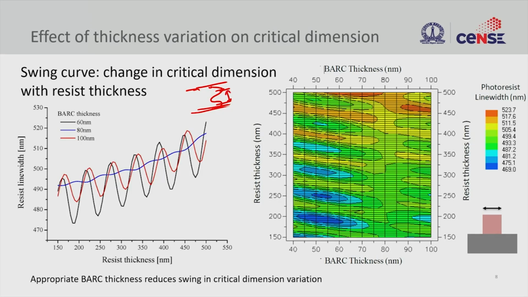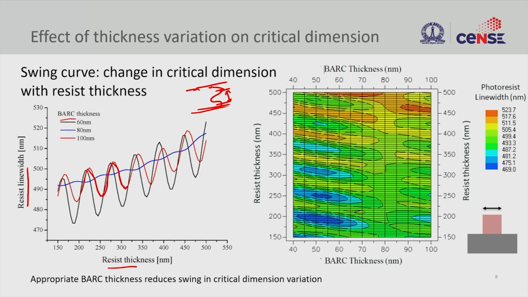And this change in the standing wave pattern will result in varying critical dimension with respect to thickness. You can see here when the thickness increases, there is no monotonous increase in resist line width, right. So, for various BARC thicknesses, you see there is a swing, right.